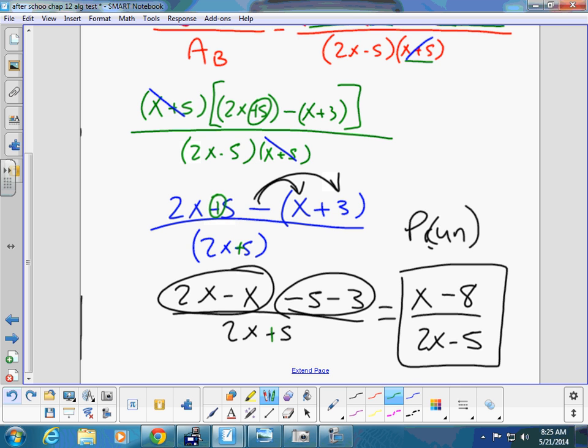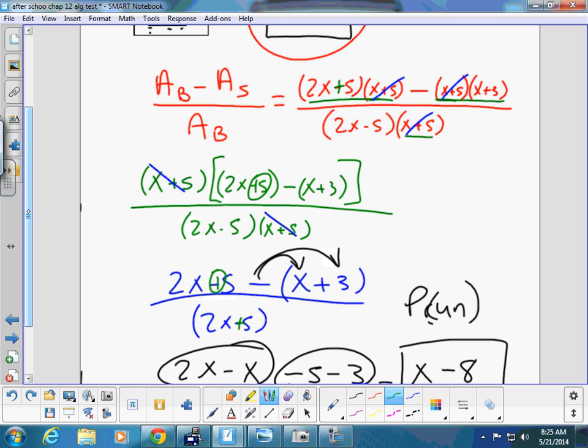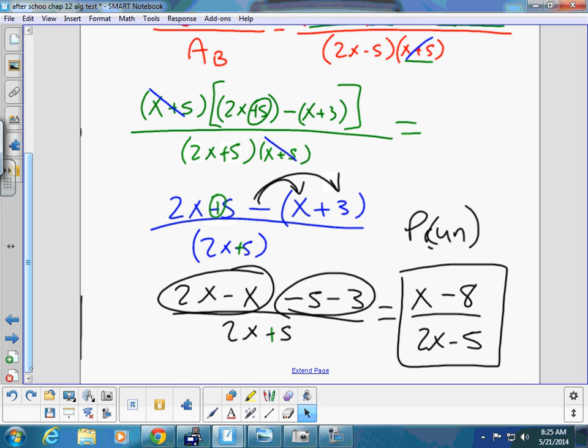However, to get it to match, the only difference is when you do the subtraction, instead of 8, you're going to get, since this is a plus, a plus 2 here. So sorry about that.